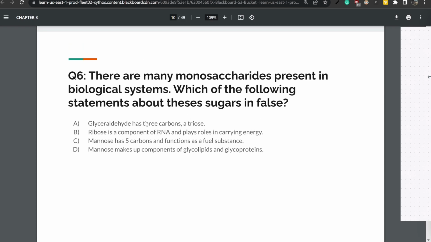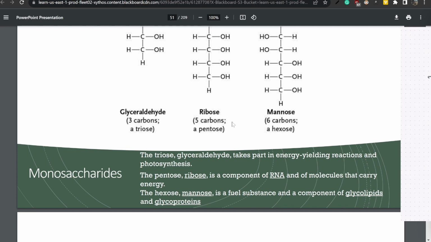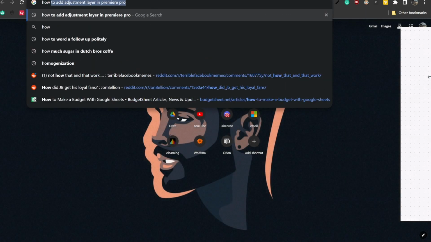So, this is true. I don't believe it plays a part in carrying energy. Mannose has 6 carbons, so that's dangerous. Mannose, okay, this is true. I will say RNA might have something to do with energy. Oh, it's right there. Wait, how does RNA carry energy? Now I'm curious.